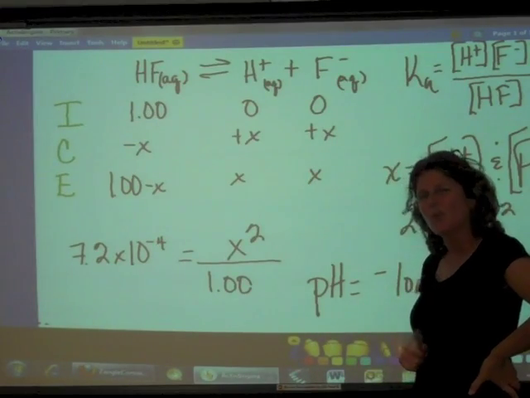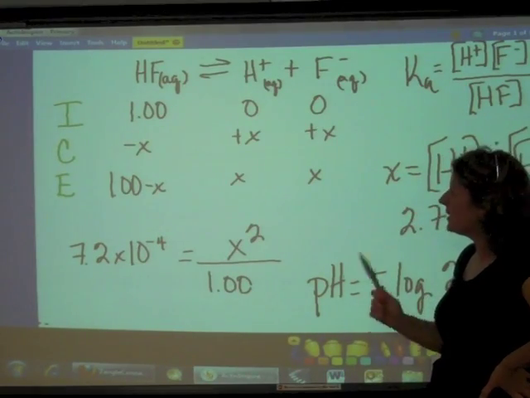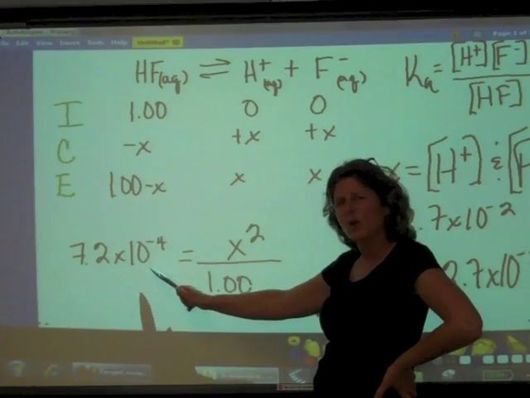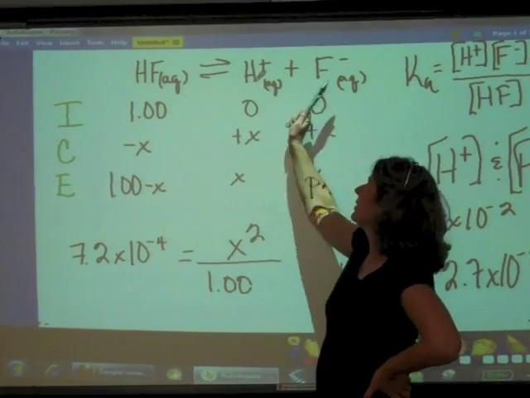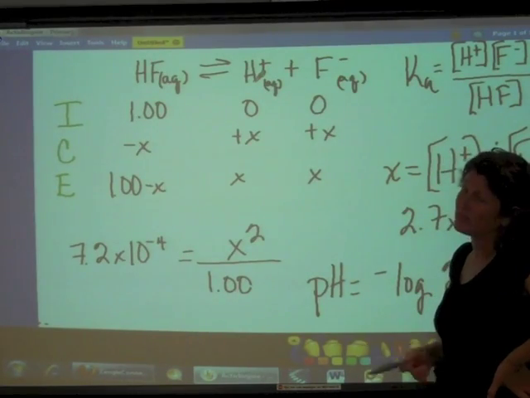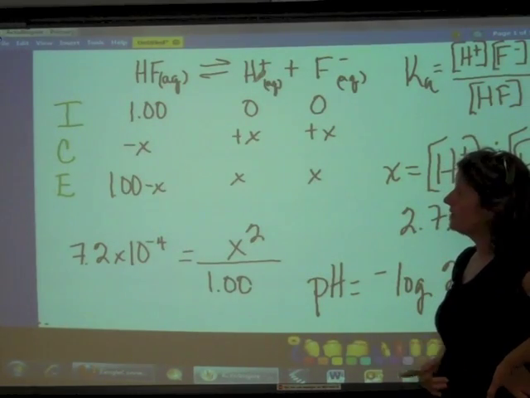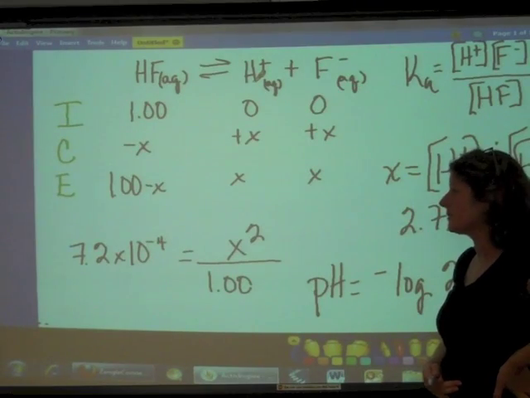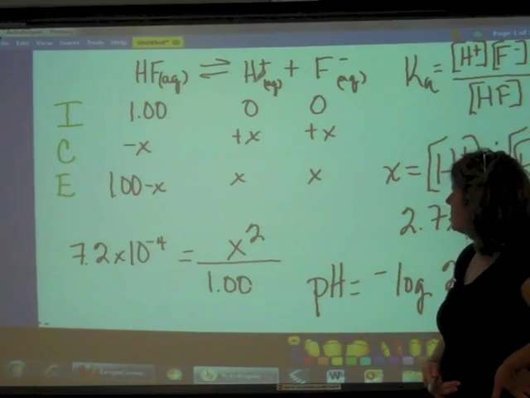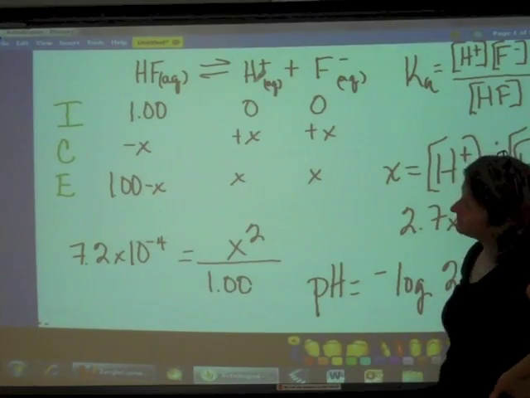So that's the reason why they're weak electrolytes. Because at equilibrium they've got a very small value for K, very little of it is dissociated into ions, and so there's just not a lot of ions to conduct current to light a bulb. So weak electrolyte. All right, we're done.